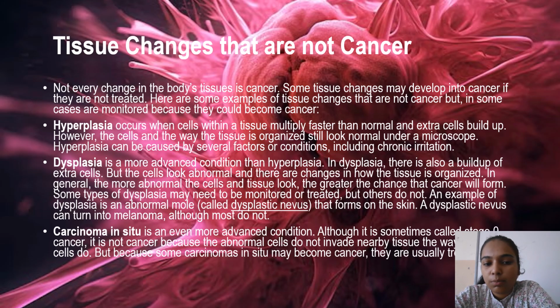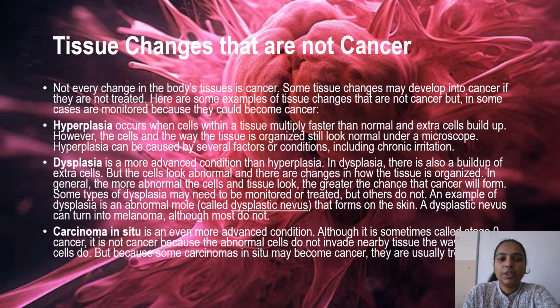Carcinoma in situ is an even more advanced condition. It is sometimes called stage 0 cancer, but it is not cancer because the abnormal cells do not invade the nearby tissues the way other cancer cells do.